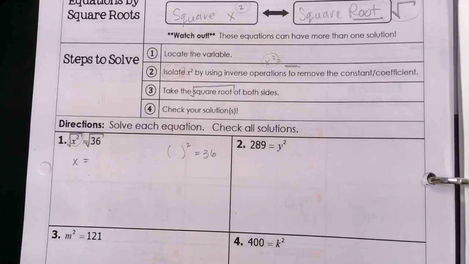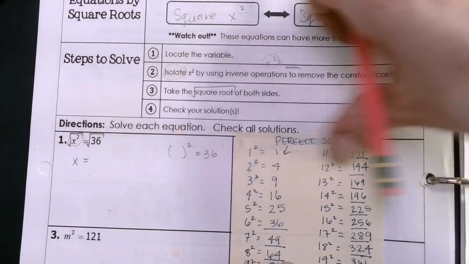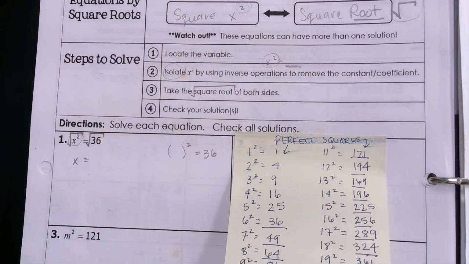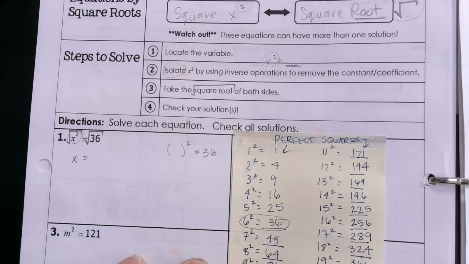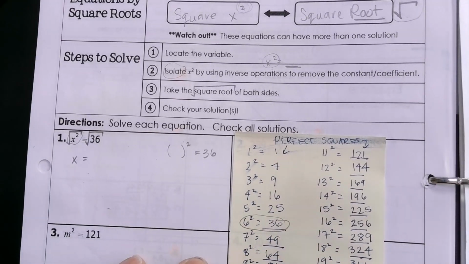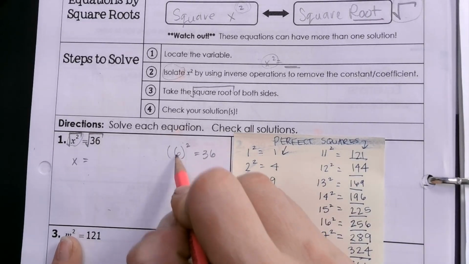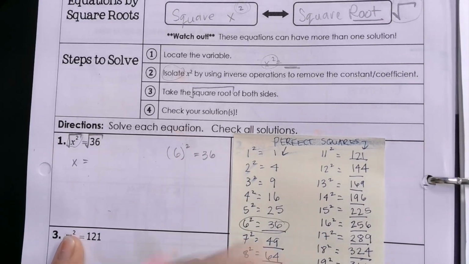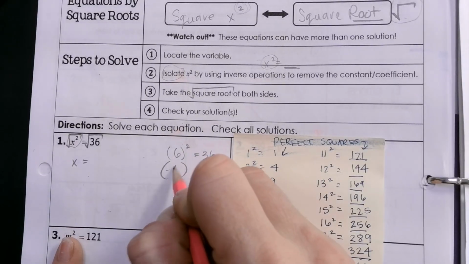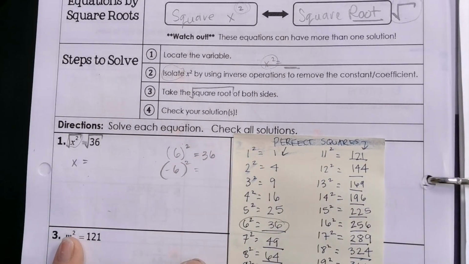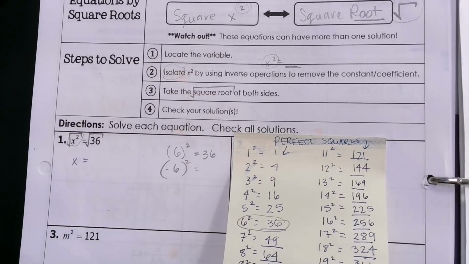Well, if we go back to our little sticky with all the perfect squares on it, we can see right here 6 squared is equal to 36. So the answer here is presumably 6. But I have a question for you. What is negative 6 squared?